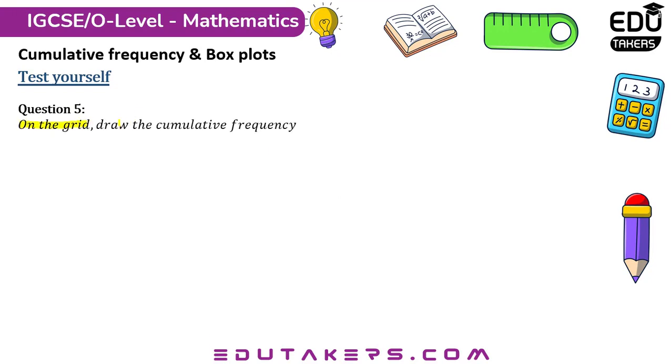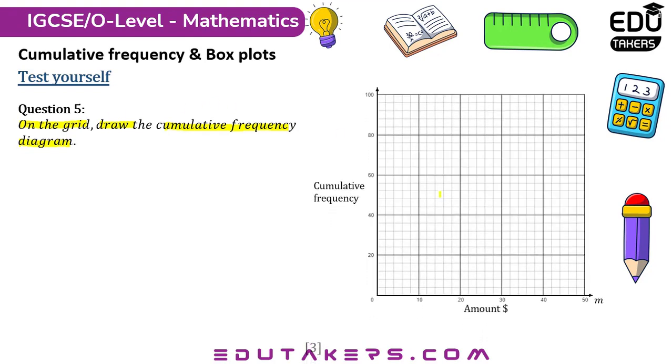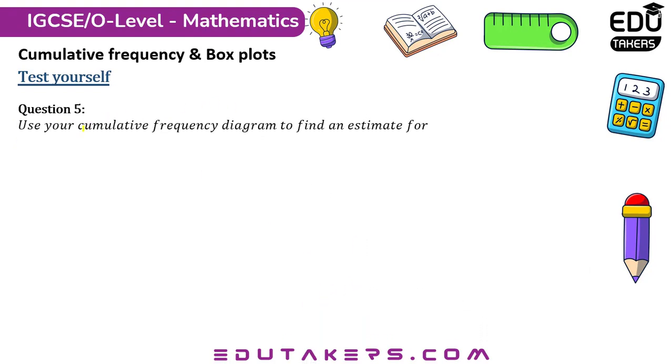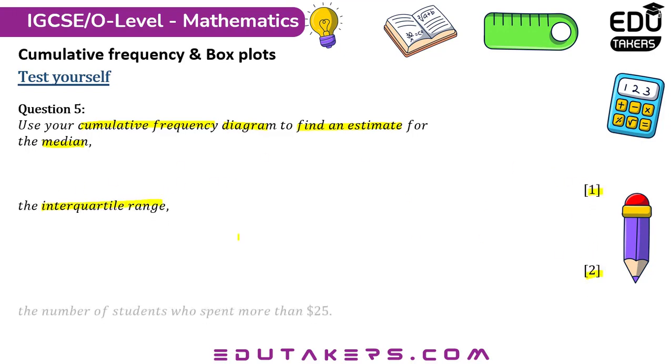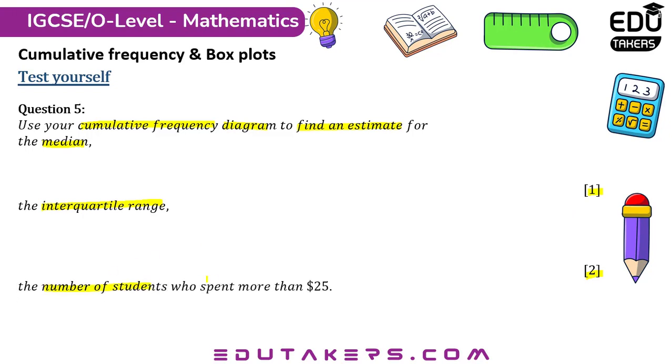On the grid, draw the cumulative frequency diagram is of 3 marks. Use your cumulative frequency diagram to find an estimate for the median is of 1 mark. For the interquartile range is of 2 marks. And the number of students who spent more than $25 is of 2 marks.